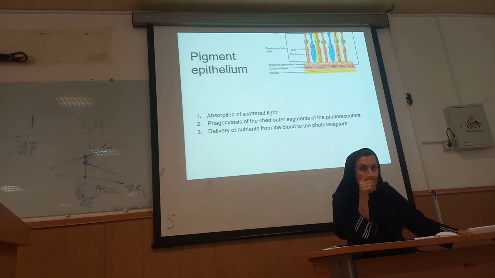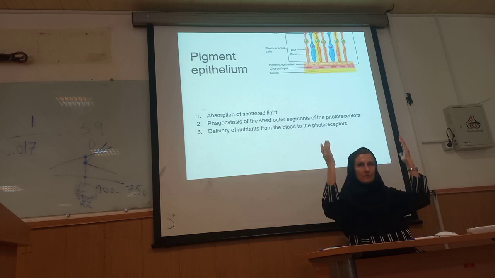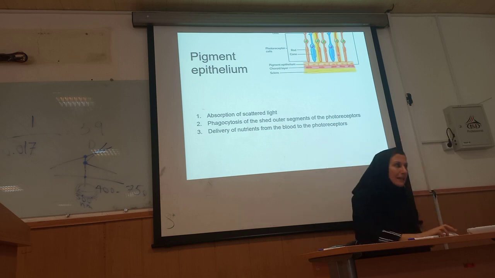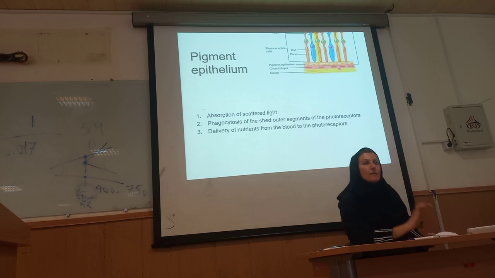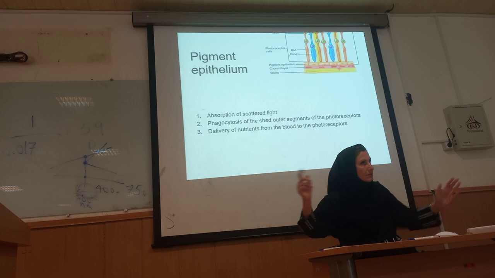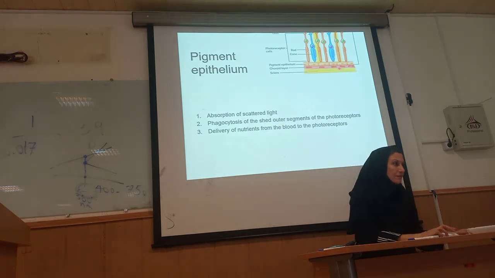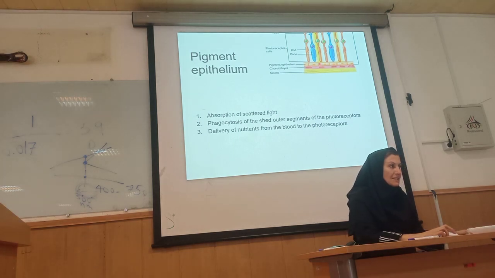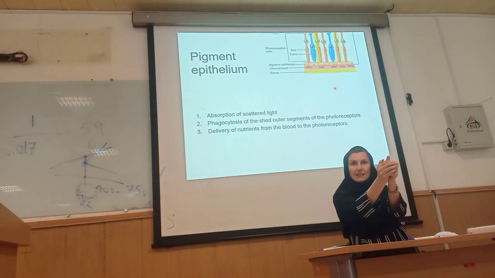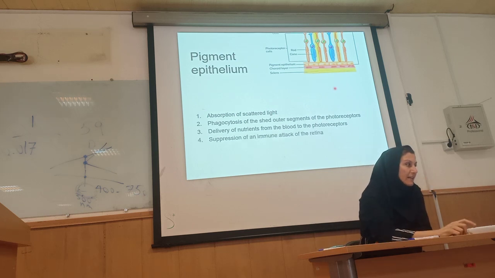The blood supply stops, and they go blind because the photoreceptors die. If the space or the distance between here, the outer segment, and the choroid layer is more than 50 micrometers, they die. So one of the important functions of the pigment epithelium is keeping the outer segment here near to the choroid layer.